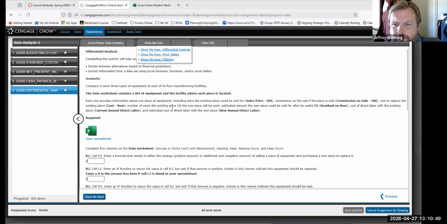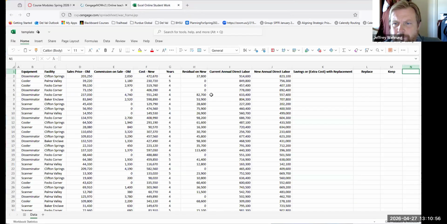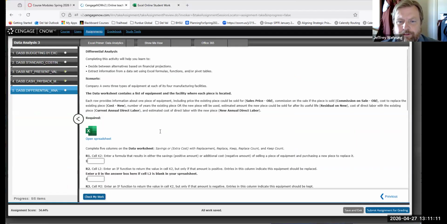Number of years the existing piece or the new piece will be used. So how long it's going to be used for. Residual on the new. Okay. Current annual direct labor, new annual direct labor. So it's looking at the savings, labor savings, if we bought the new. All right. Cool. Let's work through this one.